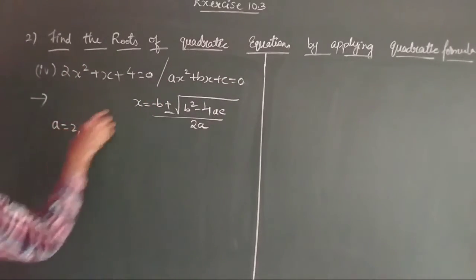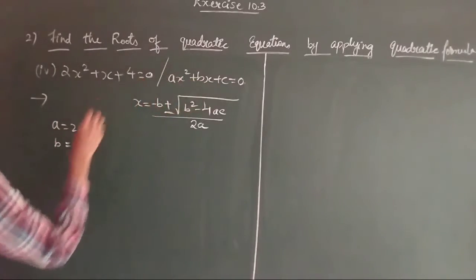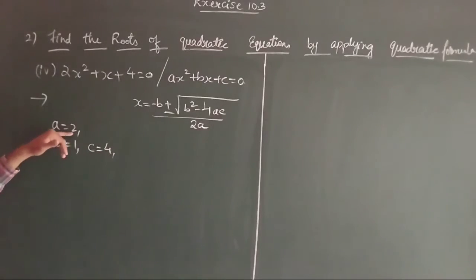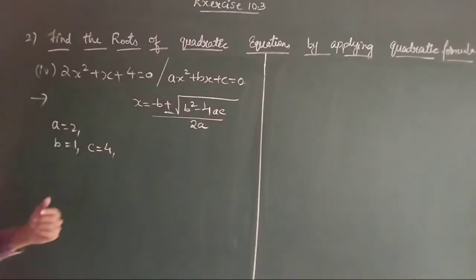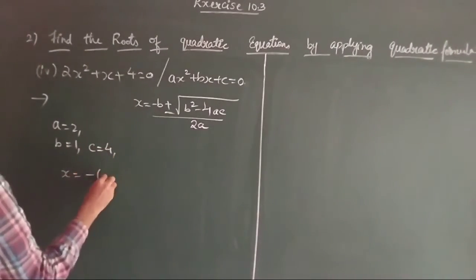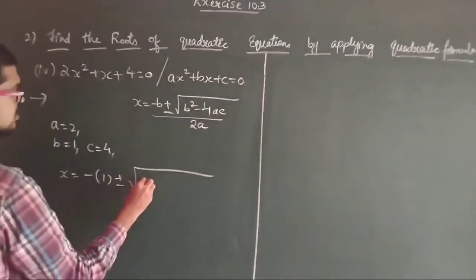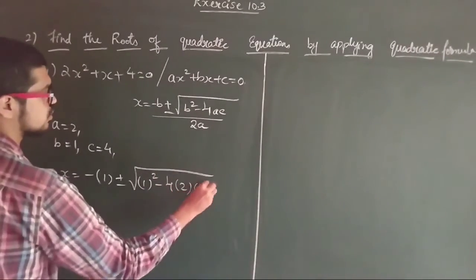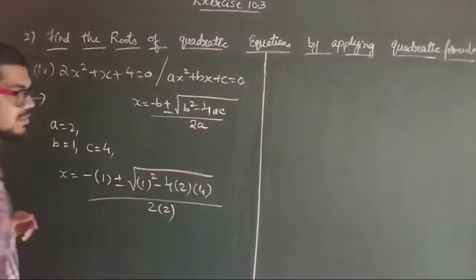So equate a as 2, b with this, the coefficient of x, so b will be 1, c will be 4. Fine. So after getting the values of a, b and c, just substitute these values in the formula, you will get the answer. That is x is equal to minus b is 1 plus or minus root of b square is 1 square minus 4 into a is 2 and c is 4 whole divided by 2 into a is 2. Is it fine?